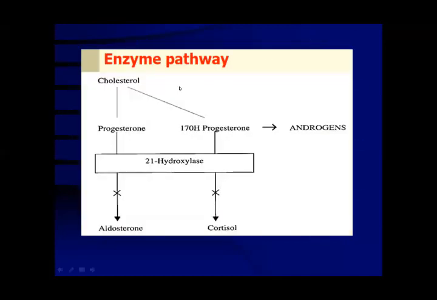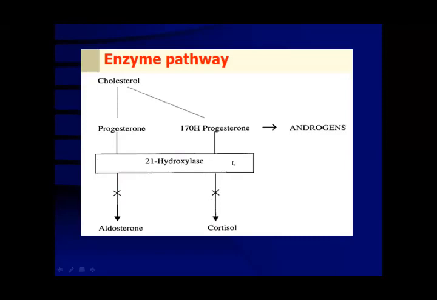This is a very good picture to make you understand that the steroid hormones are cholesterol in nature. They are converted into progesterone. Here is the enzyme 21 hydroxylase, which converts progesterone into aldosterone. When this pathway is blocked, what will happen? Progesterone will rise in the body. Similarly, cholesterol is converted into 17 hydroxyprogesterone and 21 hydroxylase converts this hormone into cortisol.